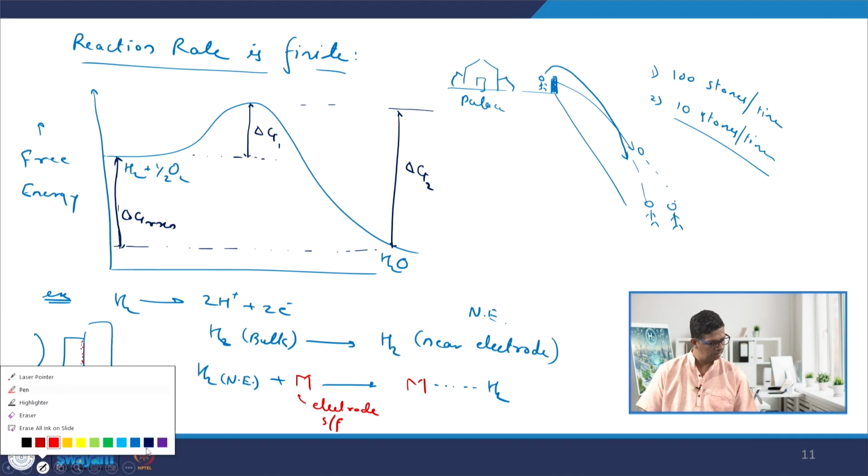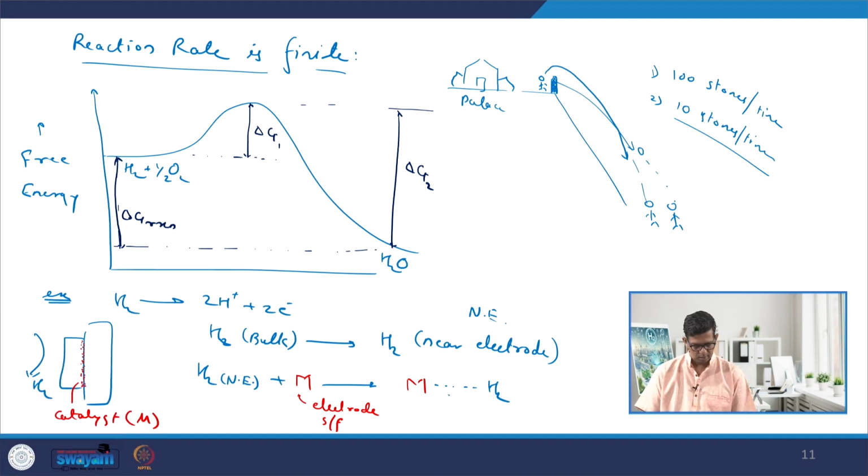Let me write that down. This reaction is basically chemisorption. Chemisorption means this hydrogen molecule satisfies its partial bonding requirements with this metal nanoparticle, and because of which it gets chemisorbed. It literally just goes and sits on the surface of the electrode or other metal catalyst.